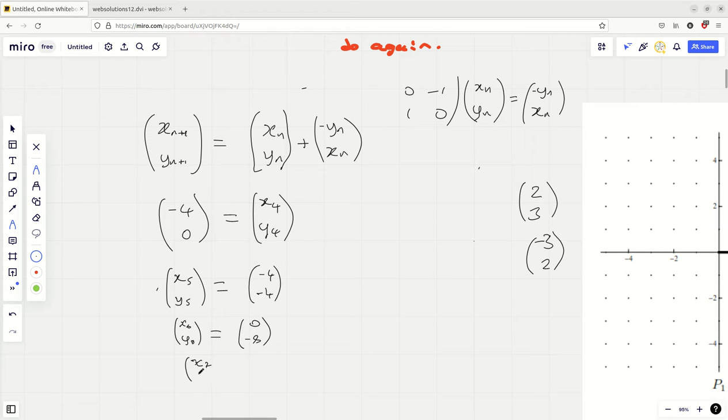For x7, y7, apologies for my handwriting, it's getting worse, take them away on the top, you're going to get 8. Add them together on the bottom, you're going to get -8. And then finally, x8, y8, take them away, you're going to get 16. Add them together, you're going to get 0. So that's x8, y8.